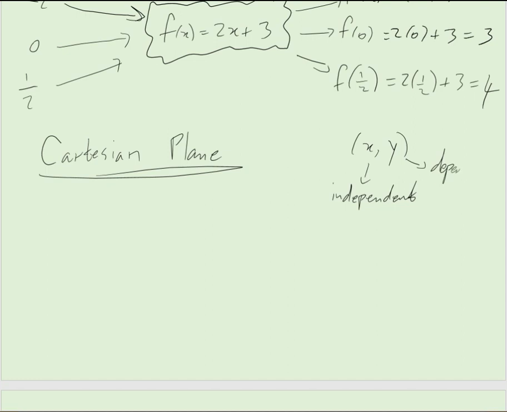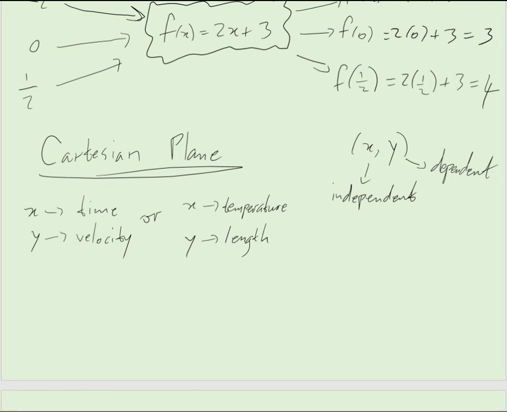Now it's important to know that x and y are just dummy variables. X could be time, for example, and y could be velocity. And we could have a scenario where we're looking at how the velocity changes with time. Or we could have something like x being the temperature and y being the length of a metal pole.